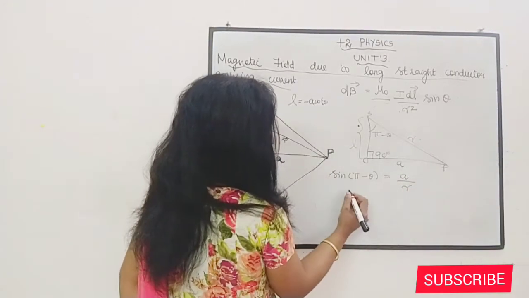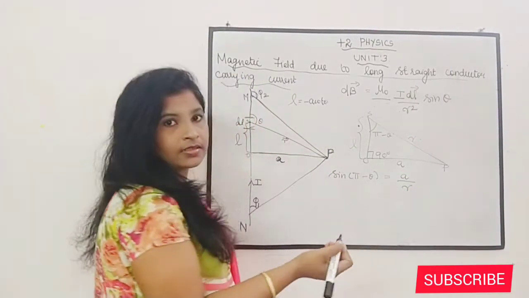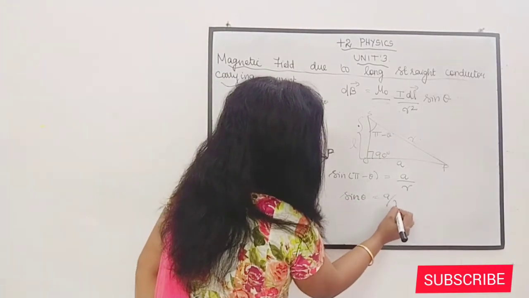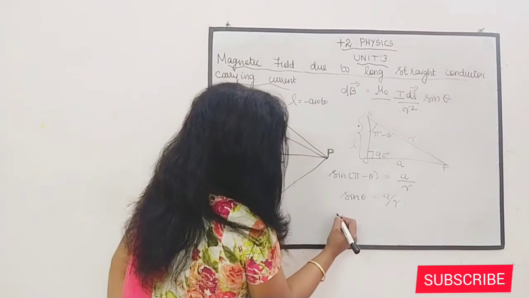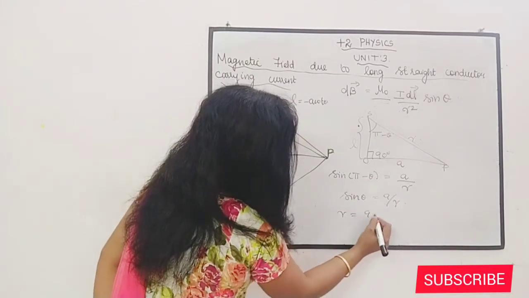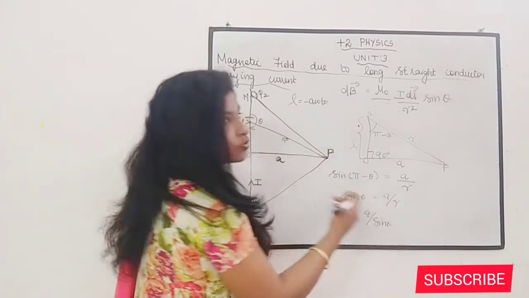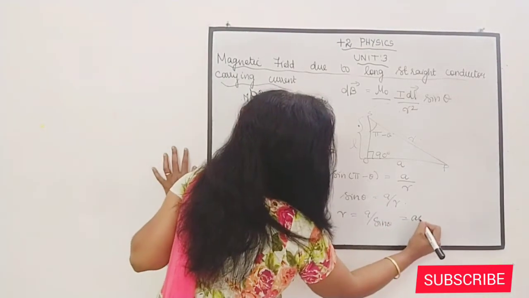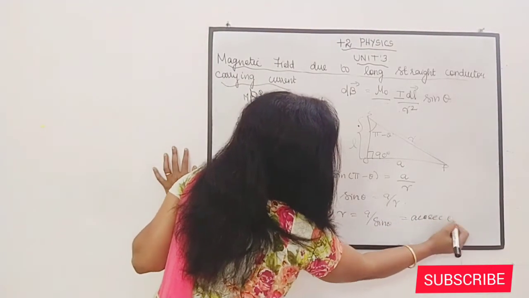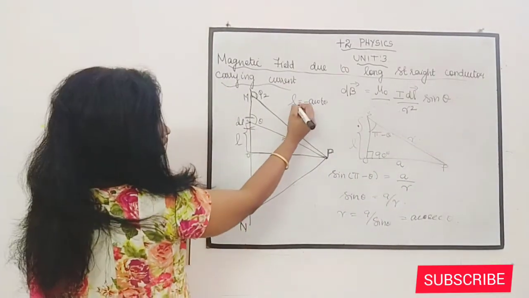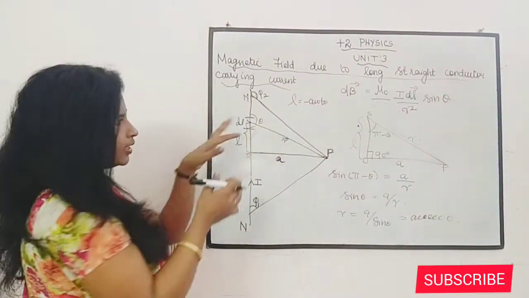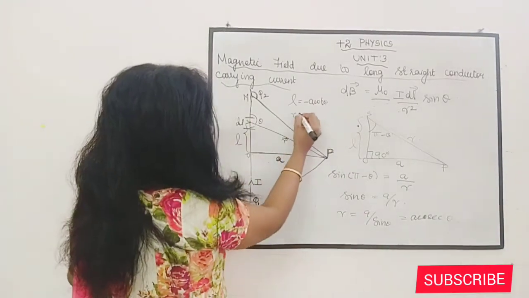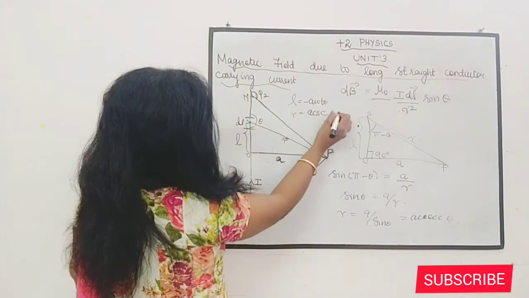So sine theta equals a by r, or r is equal to a by sine theta. What is 1 by sine theta? It is cosecant theta. So r is a cosecant theta. So L is minus a cot theta, and similarly r I have changed into a cosecant theta.